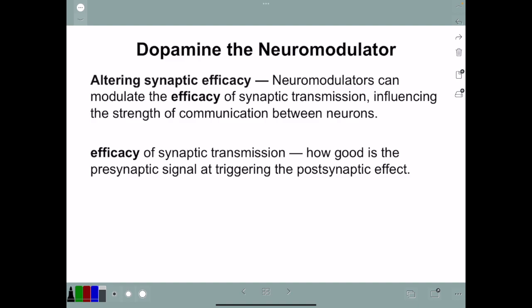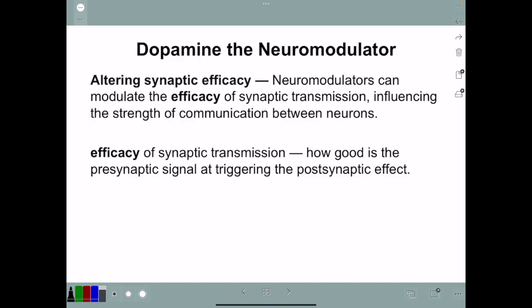And so now we're going to talk about a class with many different examples of synaptic efficacy. So neuromodulation that can alter synaptic efficacy. They can modulate the efficacy of synaptic transmission, which influences the strength of communication between neurons.